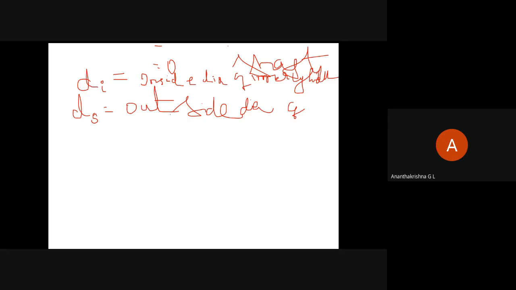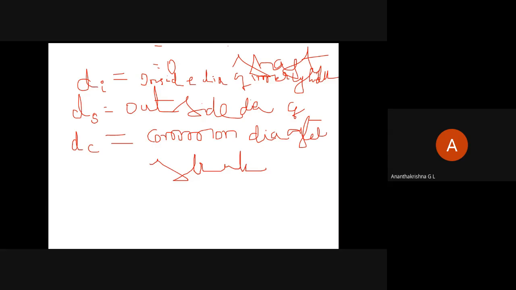Next, DC. DC is the common diameter after shrink fit, or junction diameter.